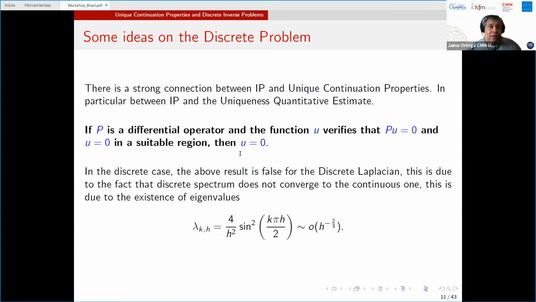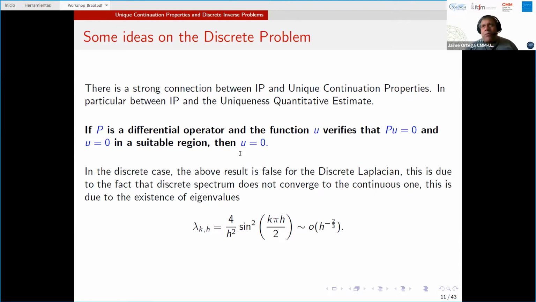You can put u equal to 0 on one part of the boundary, but you don't have the same result as the continuous one. Why? Well, the problem is when you study the spectrum of the discrete operator and the continuous operator, they don't have the same eigenvalues. Some eigenvalues appear that do not converge to the continuous ones, and this is the main problem.